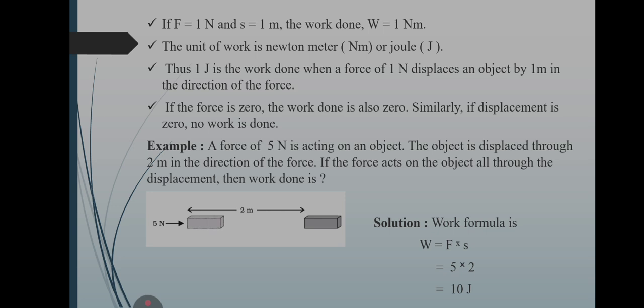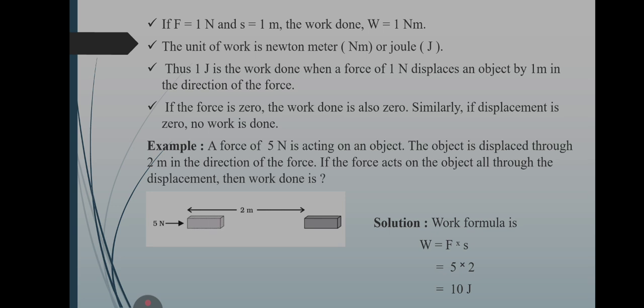Now I will solve one example. A force of 5 Newton is acting on an object, and the object is displaced through 2 meter in the direction of the force. If the force acts on the object all through the displacement, then what is the work done? This is the question.